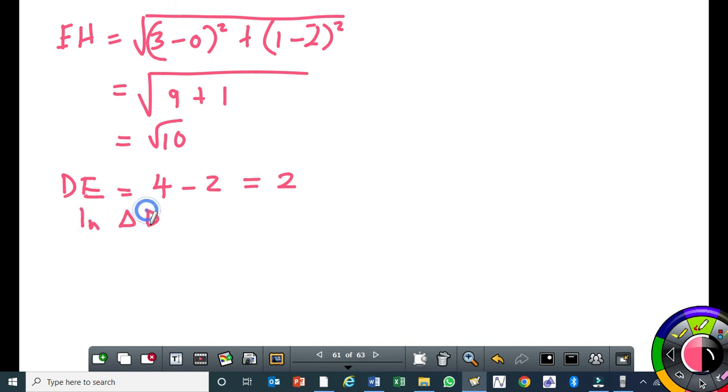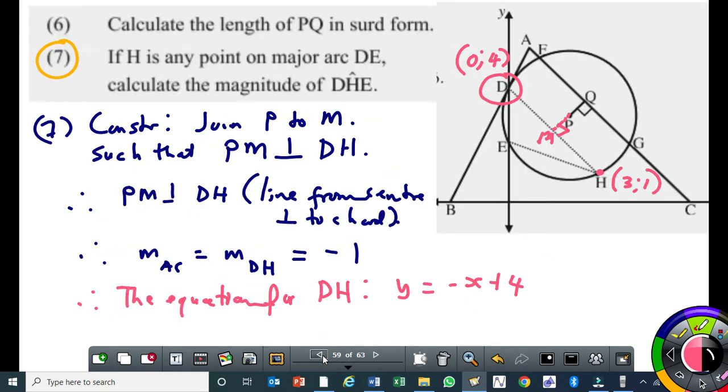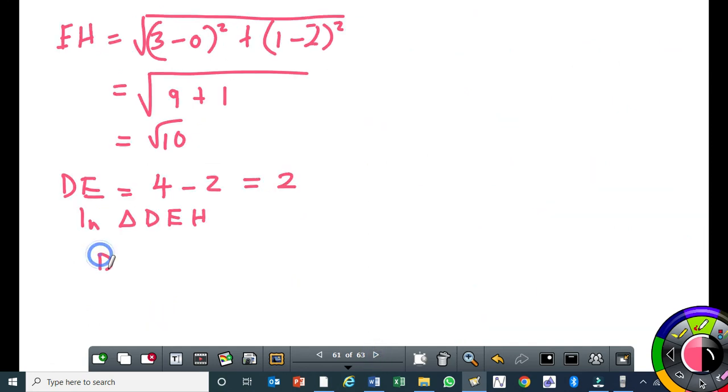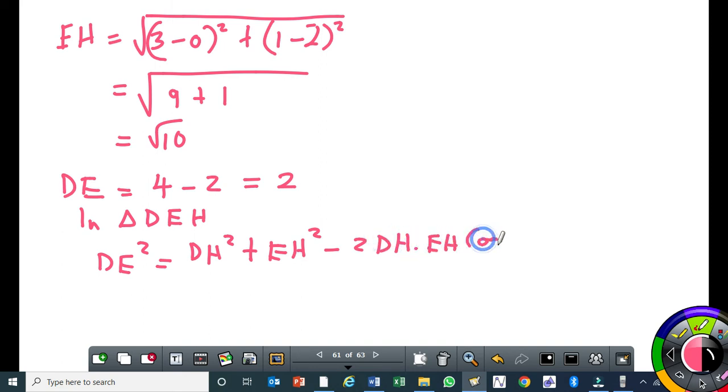So in triangle DEH, if I use the cosine rule, it will be DE squared is equal to DH squared plus EH squared minus 2 times DH times EH times the cosine of DHE.